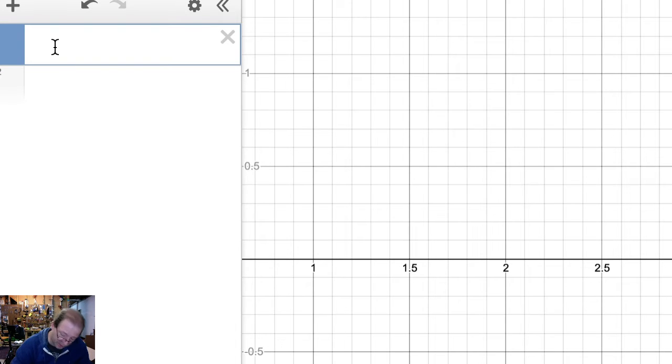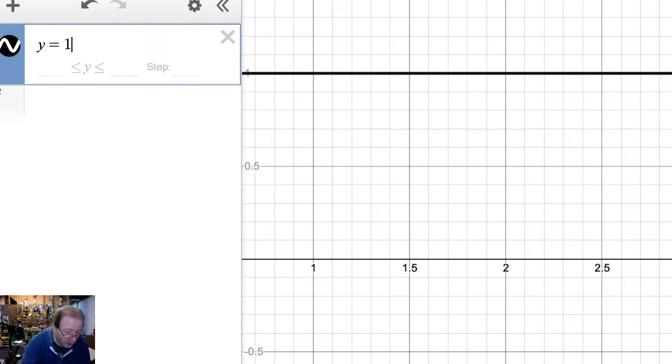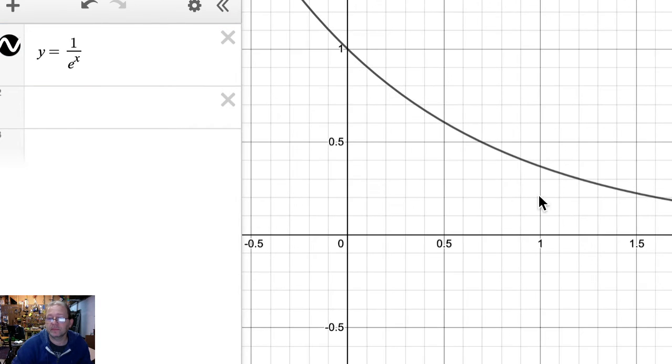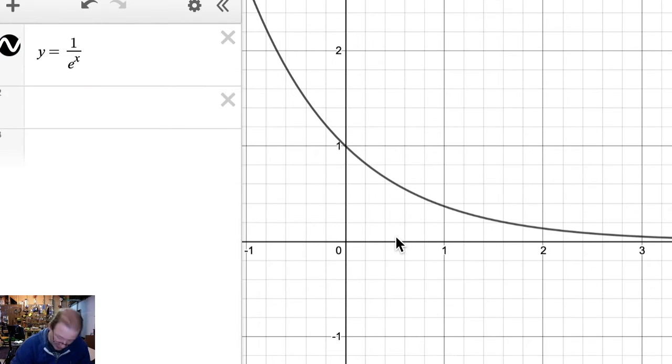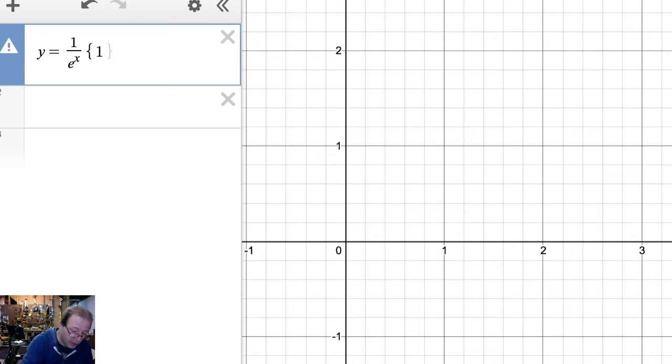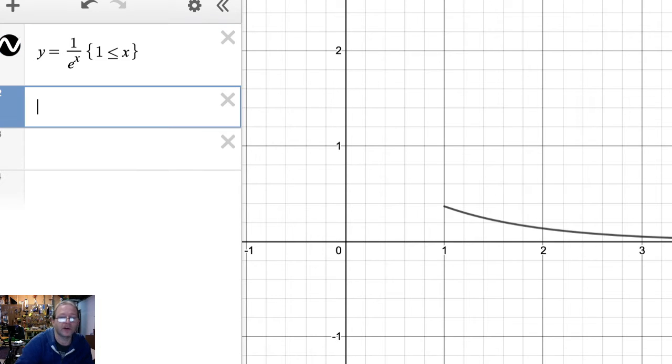So I'm just going to put that function in. Y equals 1 over e to the x. Let me zoom out here. And let's restrict that to only going between x is between 1 and infinity. So I don't have to put the other part on there.